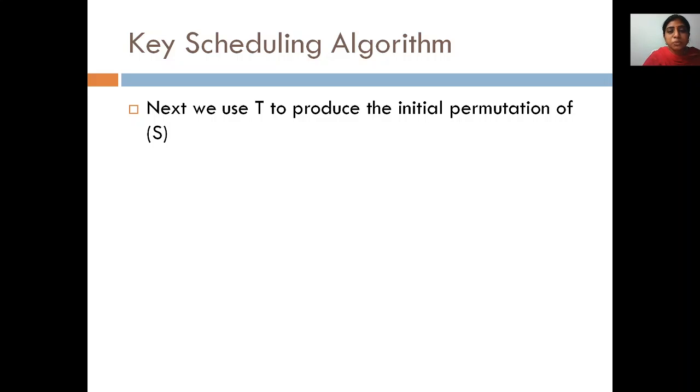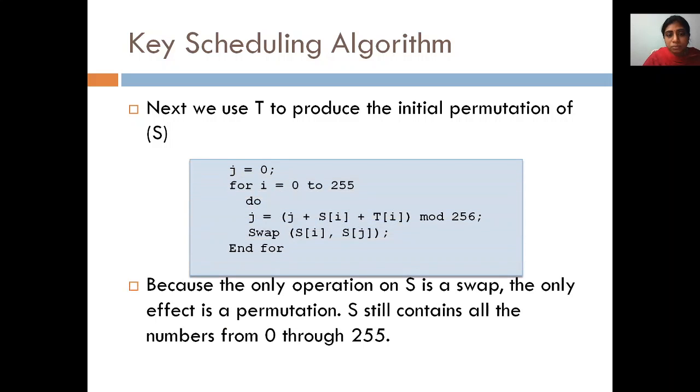Next we produce the initial permutation. Whenever we take T and do the key scheduling algorithm, the first step is to apply the initial permutation to the S vector. This S vector, which contains 256 bytes, has all its values permuted.